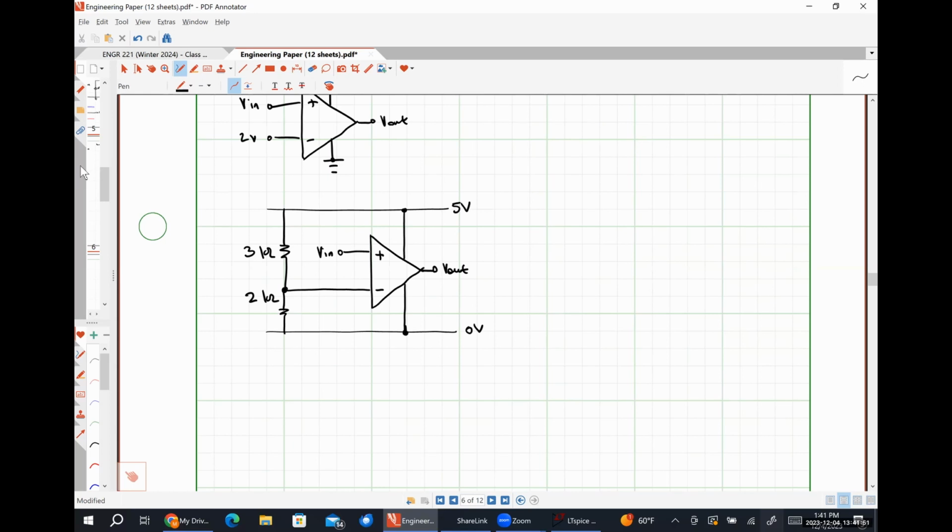So for part A, it's literally this exact graph, except that it hits its maximum value at plus 18 and its minimum at negative 18. So literally redraw this graph and change this data. For part B, it's the exact same thing, except now we have different supply voltages, so we are going to have saturation distortion.